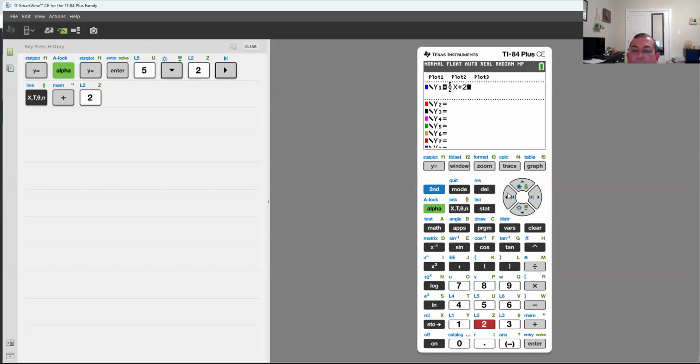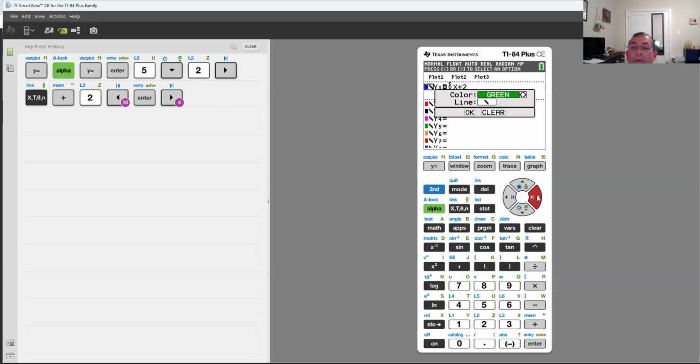But notice on this one, I'm going to go all the way left and click it. It brings up another box. It gives me an option of arrowing left or right to pick a color. So if you wanted to shade in any of these colors, you would hit enter on what color you want.